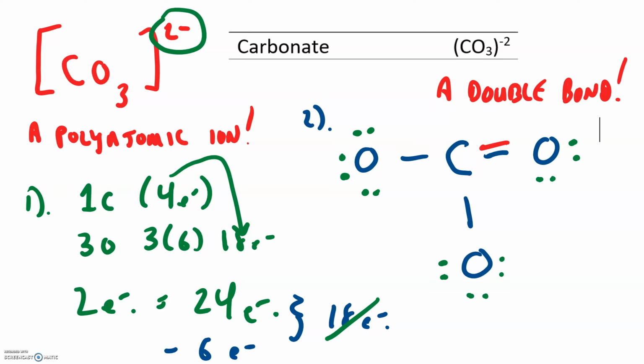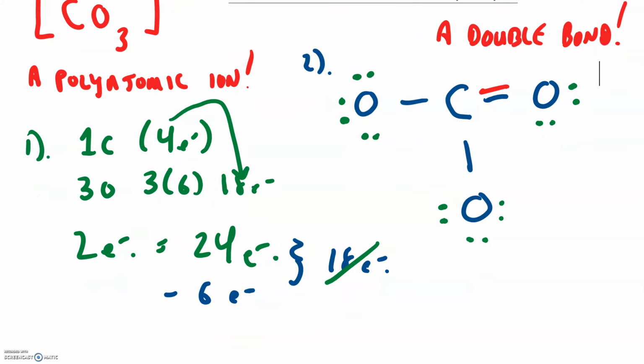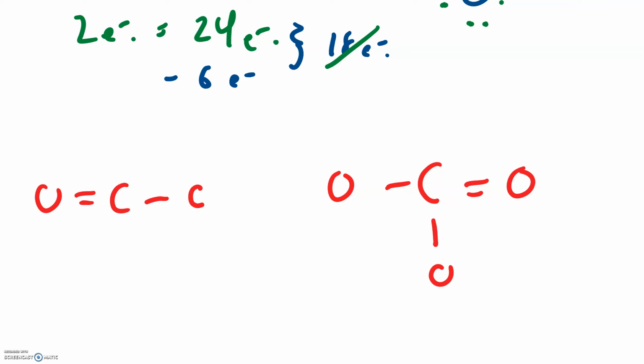So the last thing I'm going to do is draw my skeleton involving this new trick called a double bond, and we're not going to worry about any electrons around the outer atoms. We're just going to worry about the central ones. And so the Lewis structure for this looks like this. You could put that double bond anywhere you wanted, and it wouldn't matter.